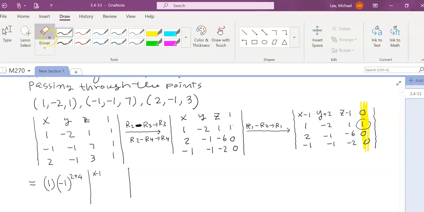Let me make it a little bigger. And then I'm going to close this out, right? So it's going to be 2, -1, -6, and -1, -1, -2. Okay.